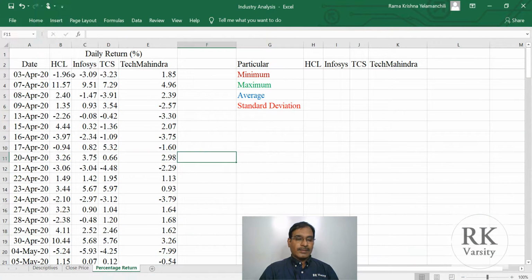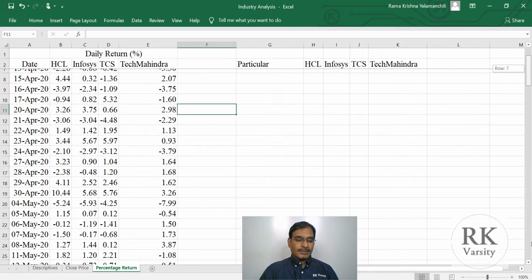So in this lecture, using the relative values, that is the percentage returns, I am going to compare the performance of 4 IT stocks, that is information technology stocks listed in BSE Sensex. Here are the daily returns measured in percentage terms of HCL, Infosys, Tata Consultancy Services and Tech Mahindra for the period 3rd April 2020 to 30th September 2020.